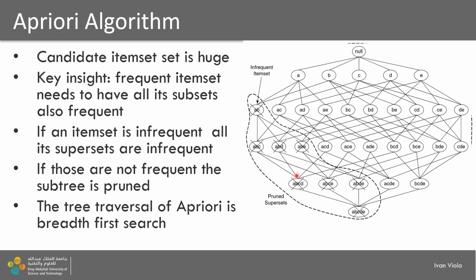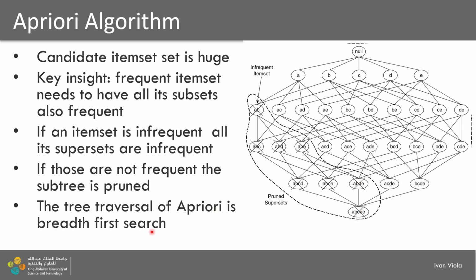And that is the basic strategy of searching for candidate item sets as a subset of the huge item set space. We will be traversing our tree for the apriori algorithm in breadth-first search.